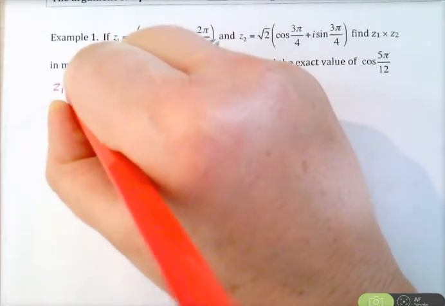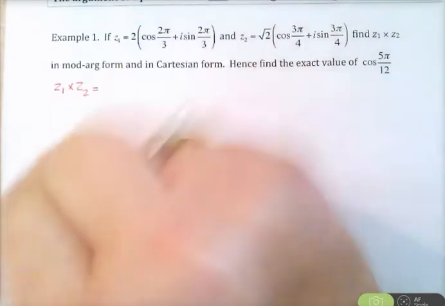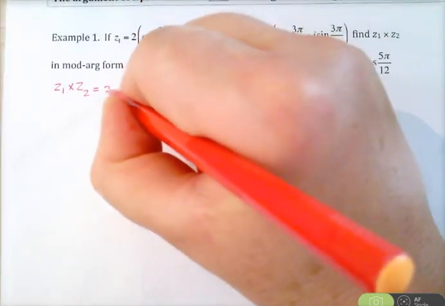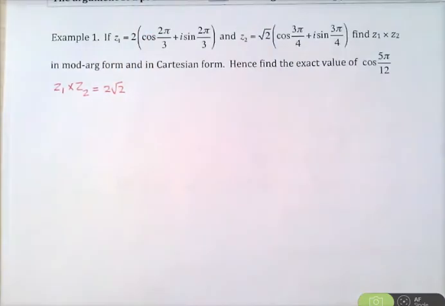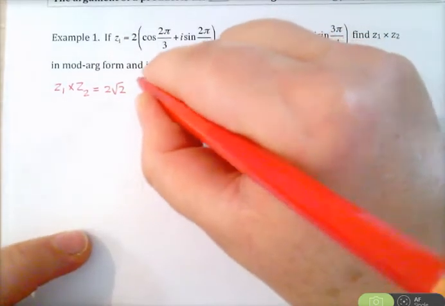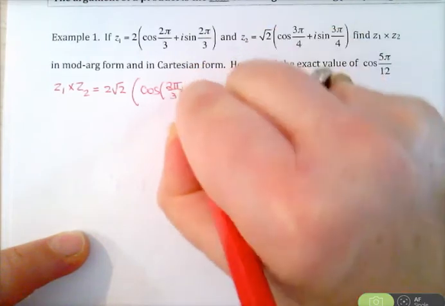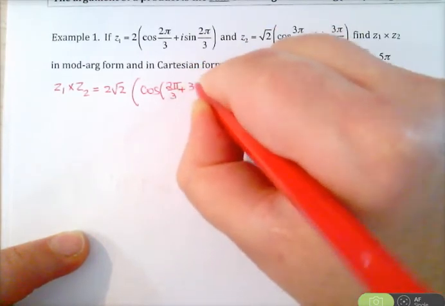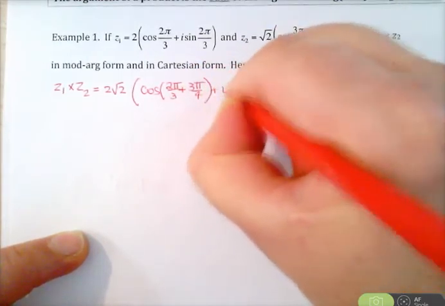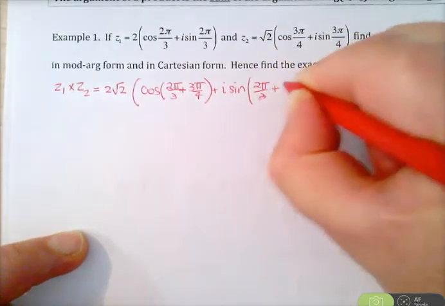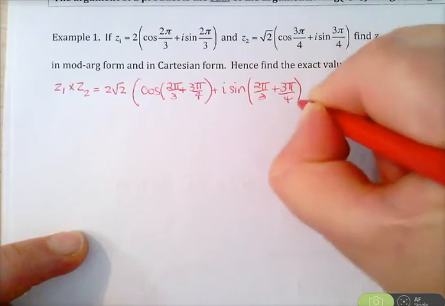So we've got Z1 times Z2 is equal to, now I want to multiply the moduli, and I get 2 root 2, and then we'll add the arguments. So we've got cos of 2 pi on 3 plus 3 pi on 4, plus I sine of 2 pi on 3 plus 3 pi on 4.